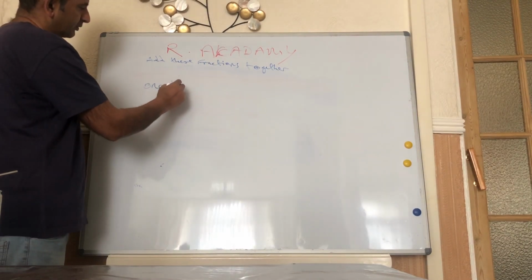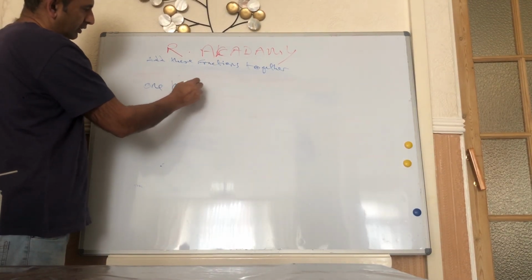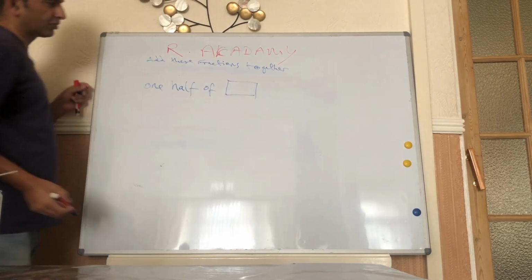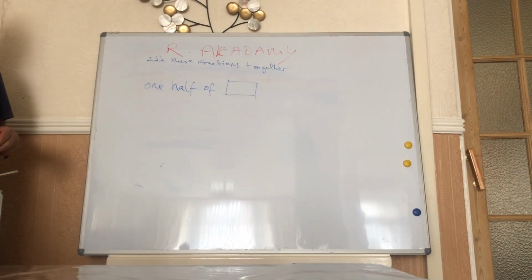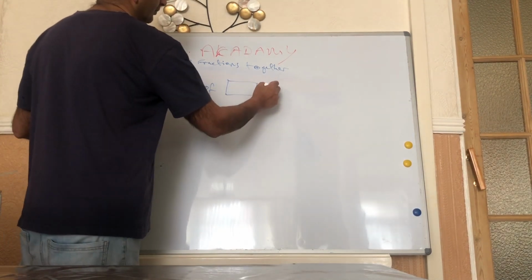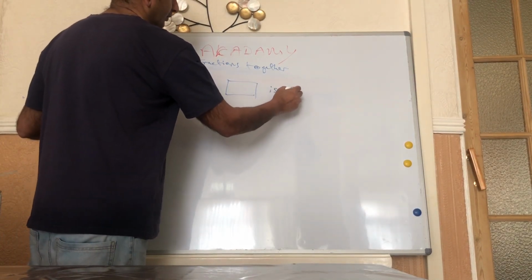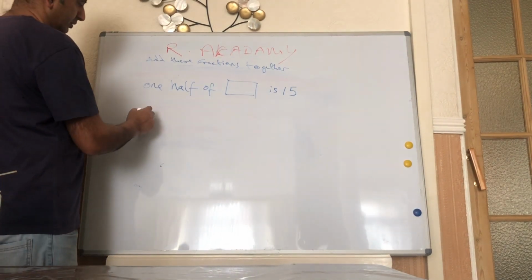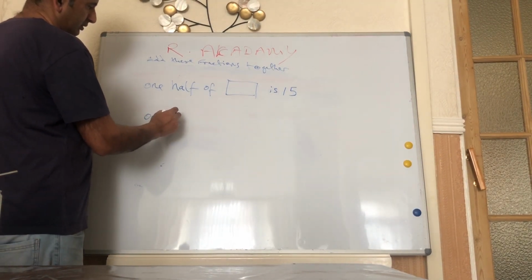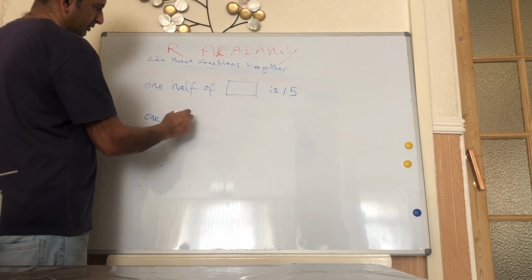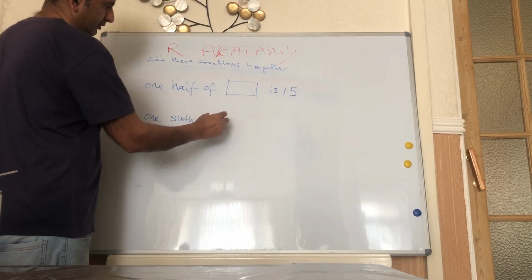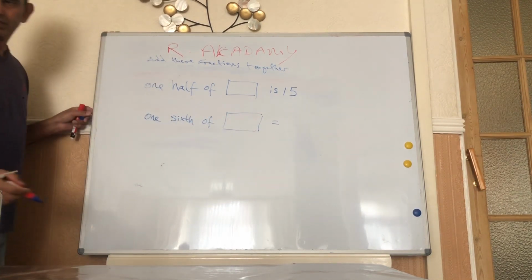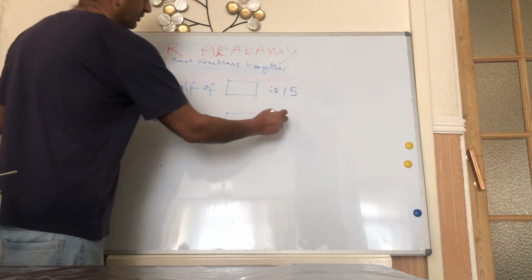1/2 of a box, blank, is 15. And the other one was 1/6 of blank is 5.